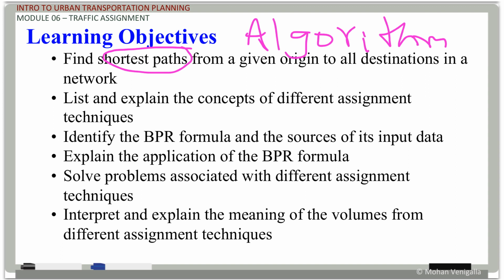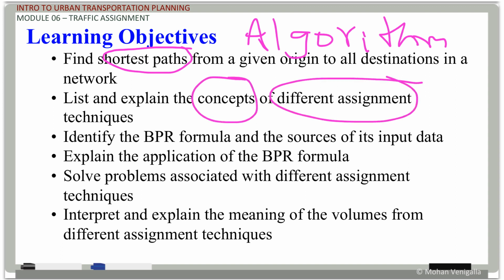is that you should know the different assignment techniques and explain the concepts behind them. And there is something called the capacity constraint or capacity restraint algorithm. In other words, when traffic increases on the road, speed decreases, right?